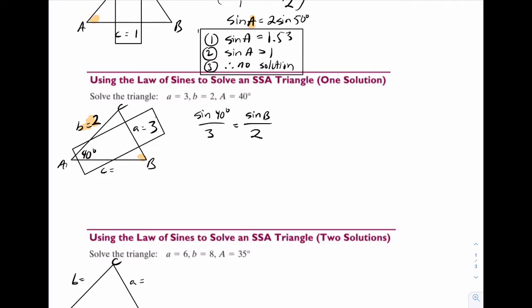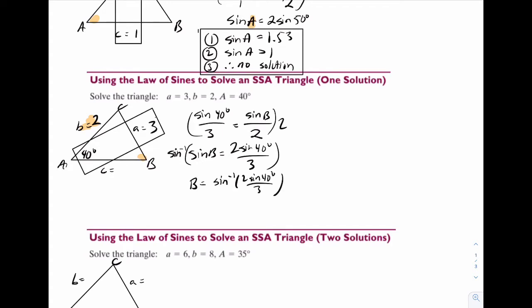So let's multiply by 2. Sine of B must be 2 sine 40 over 3. And then we got to sine inverse this thing. So B should be the sine inverse of 2 sine 40 over 3.